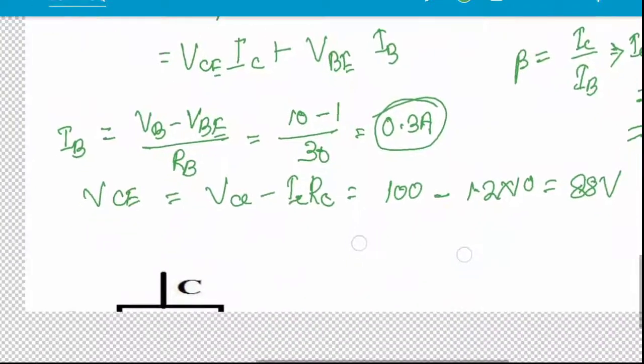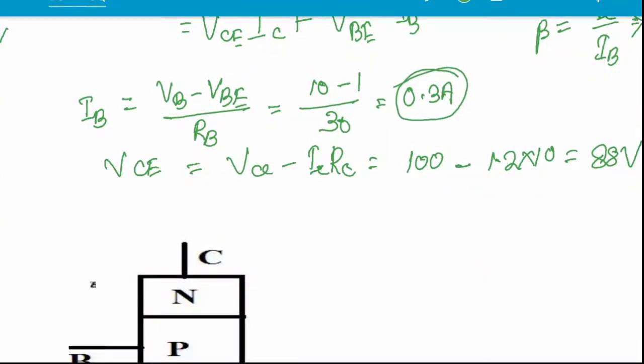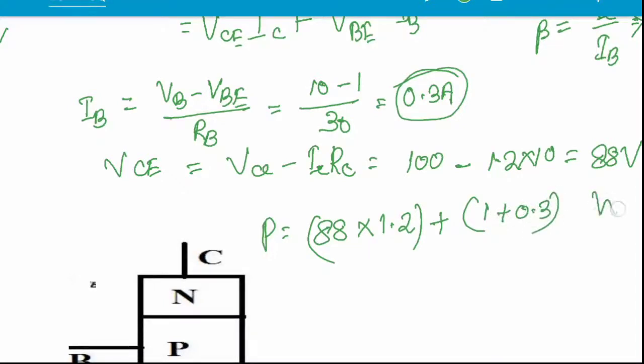Total transistor power will be VCE, that is 88, into 1.2, that is collector current, plus base to emitter voltage, that is given 1, into 0.3, which is equal to 105.9 watt, nearly equal to 106 watt.